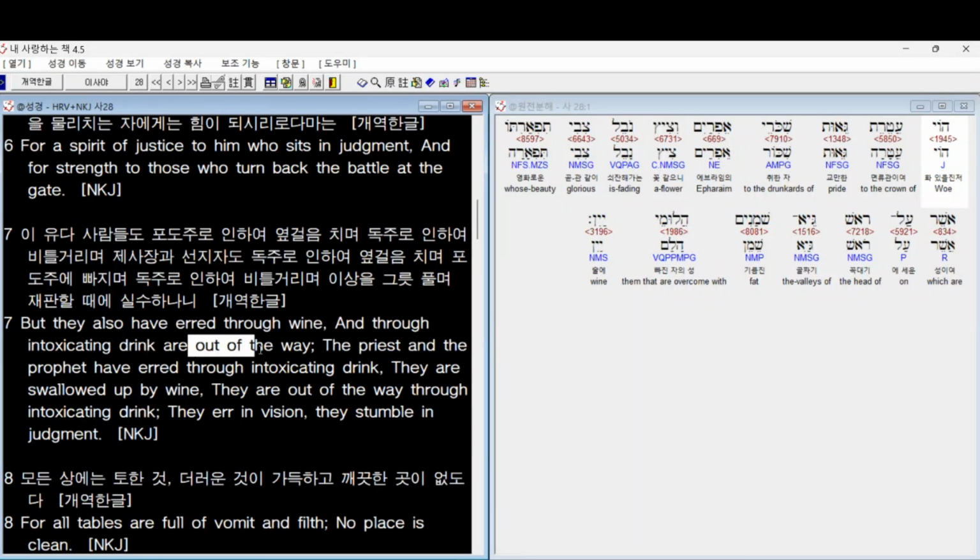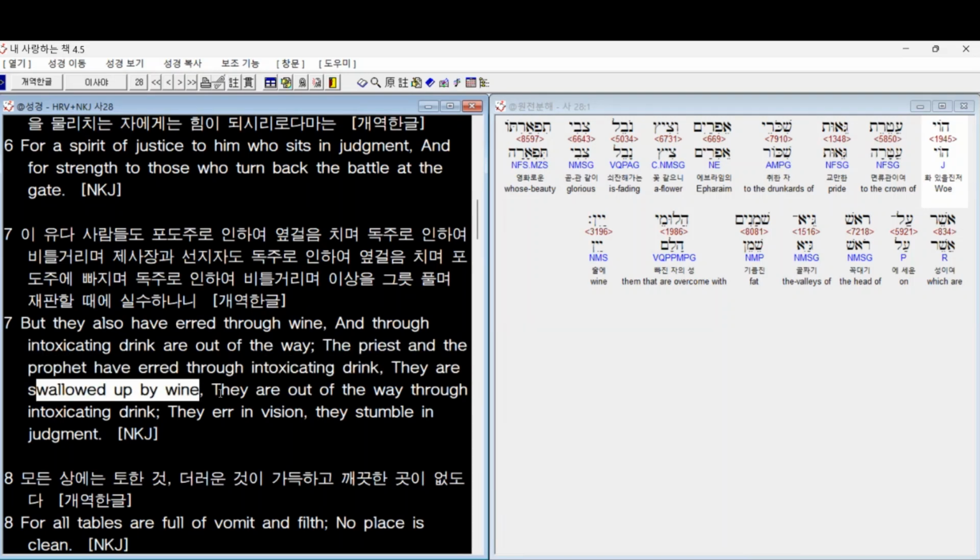Babylon are out of the way, not in the way, who is Christos Jesus. The priest and the prophet have erred. They are the leaders of the Jews. Mouth of dragon, mouth of beast, mouth of false prophet, through intoxicating drink.